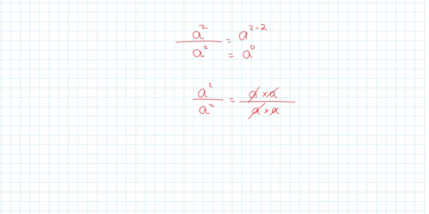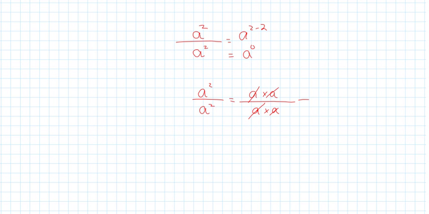If I have 10 chocolate bars and there are 10 of us, each one of us gets 1 chocolate bar. So when you divide something by itself, no matter what it is, a letter or a number, you get 1. So technically, my answer for this is 1.